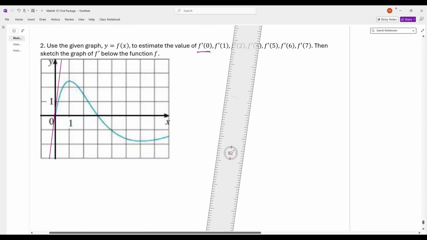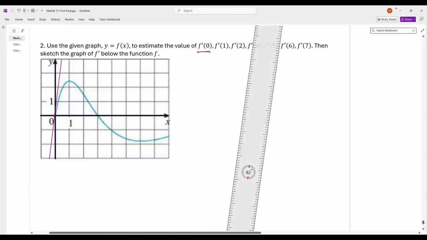For f prime of 0, we count from here to here. The slope of this purple line: we go up by 1, 2, 3, 4, 5, 6, 7, and we went across by about 1 unit. So in this case, the slope is about 7.